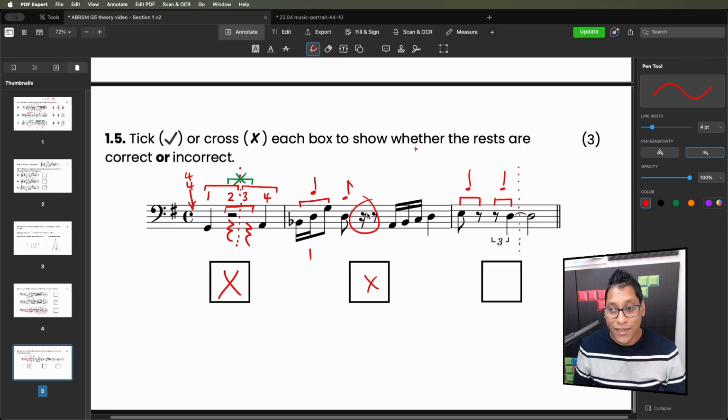Remember what we said about our grouping in even numbered time signatures, particularly for 4/4, we need 2 beats on one side and 2 beats on the other side. And this minim takes up the entire second half of the bar. It takes up the entire right-hand side of the bar. So in this case, we are absolutely correct in how the grouping is handled. So this bar is actually fine.